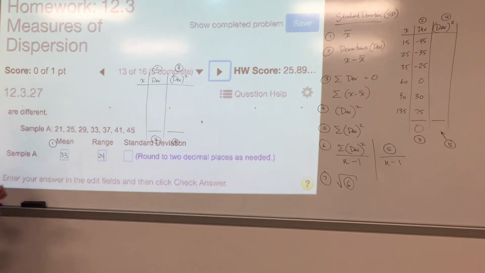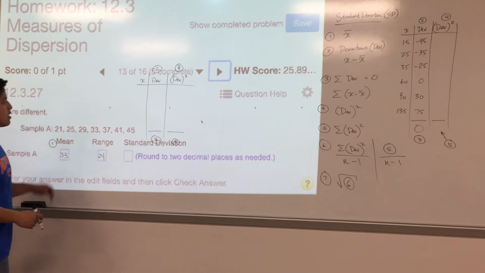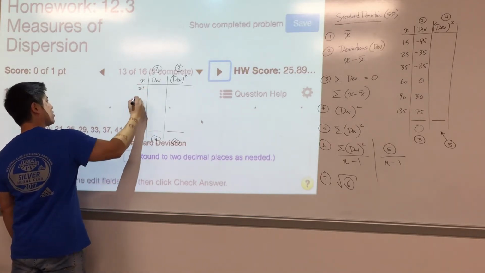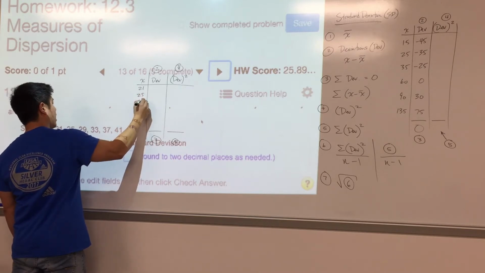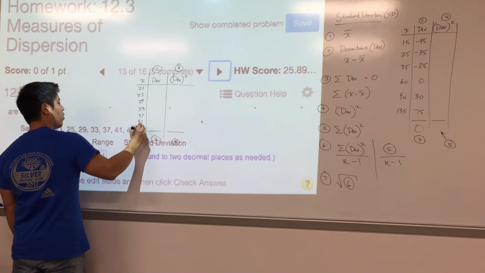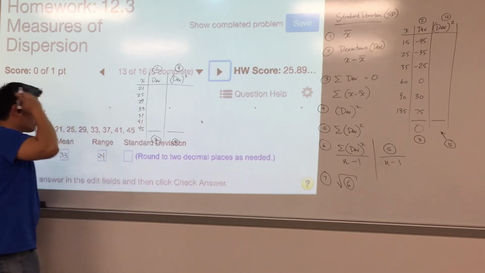But for now, we have a little bit of a task in front of us. First, let's lay out our data points. So we have 21, 25, 29, 33, 37, 41, and 45.